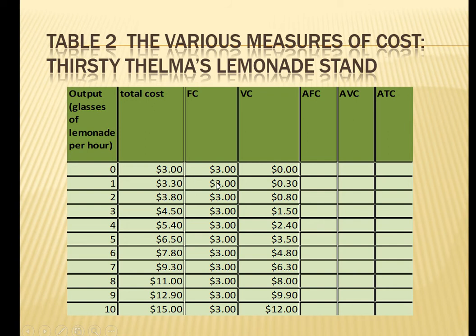That is made up of fixed cost, $3, plus variable cost, 30 cents. So let's pause the video and complete the calculation. It is very important that you are very, very proficient with the calculations. Let's find average fixed cost, average variable cost, and average total cost.